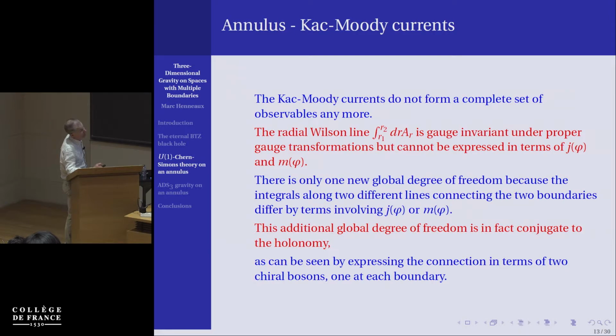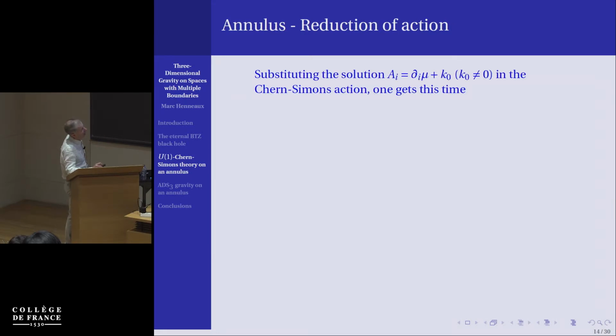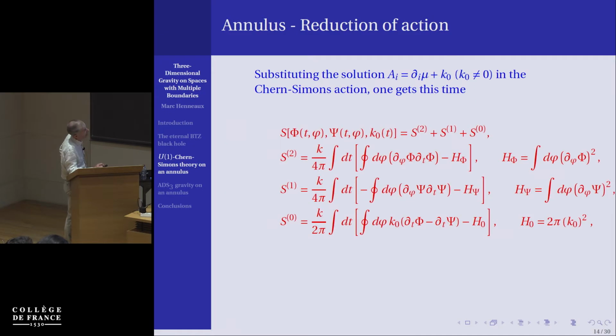So in that case, we will introduce again a parametrization of the vector potential in the bulk in terms of a field mu, by solving the zero curvature condition. And of course the zero curvature condition involves also the holonomy if you want mu to be a well-defined field periodic in phi.